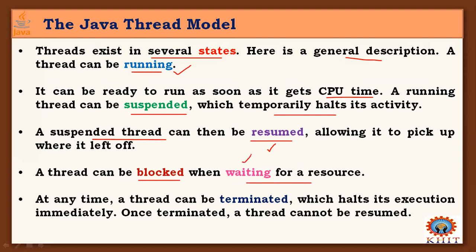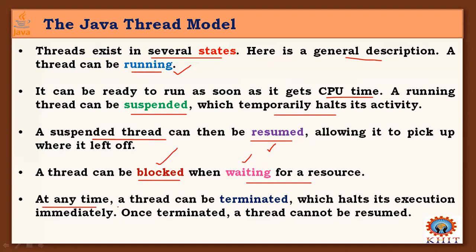For example, when the program control goes for an IO operation to read from the keyboard, the keyboard is one of the resources of the computer, but it is not available right now to read data. Why? Because the keyboard is busy with another process execution. The other thread has locked the keyboard. Then we need to wait until the keyboard is released by the other process. That state is called the blocked state.